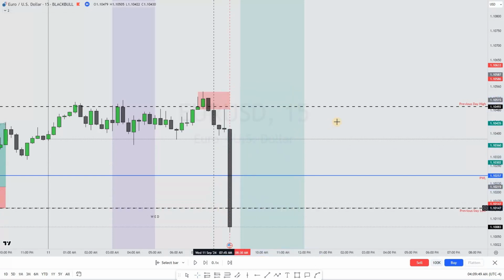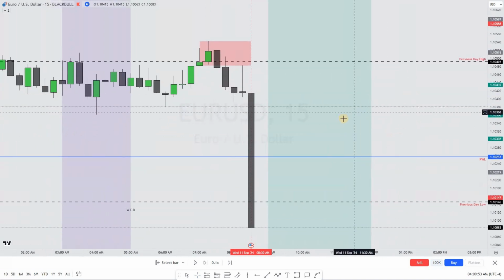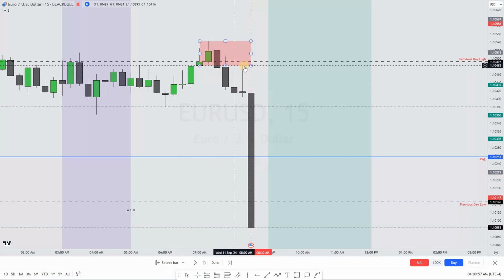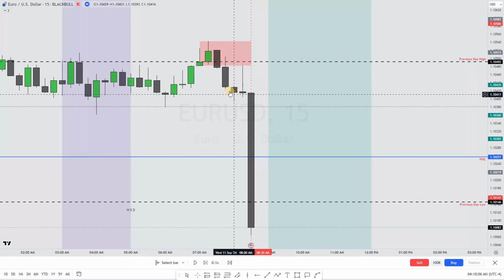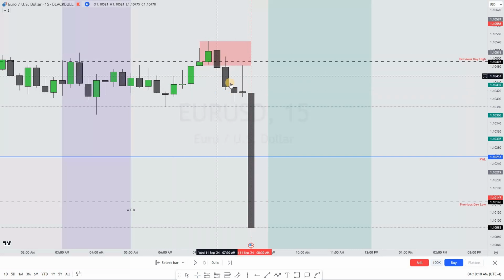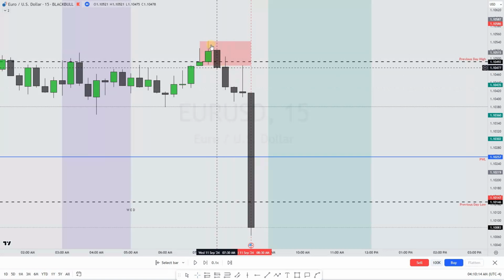But the only thing I don't like about this trade, and even if there was no news, I would still not have taken this trade, is that I would have wanted first this to be taken out because I didn't count this move. I didn't see any break of market structure on this move to the downside. Yes, it did take out the highs or sweep the highs.